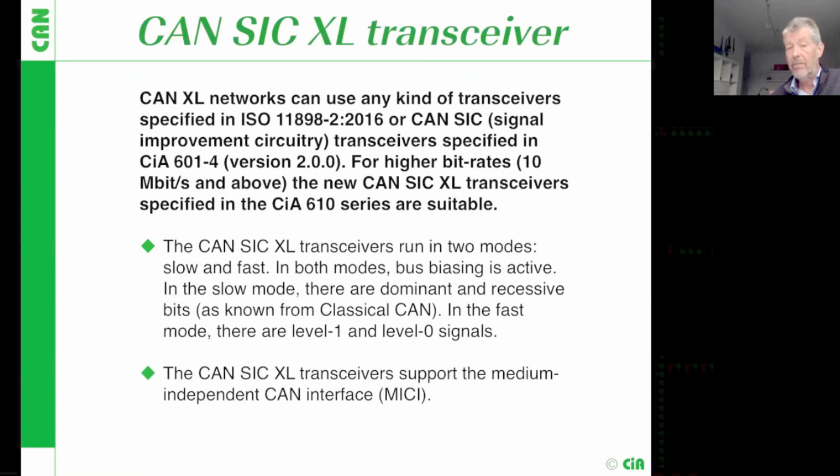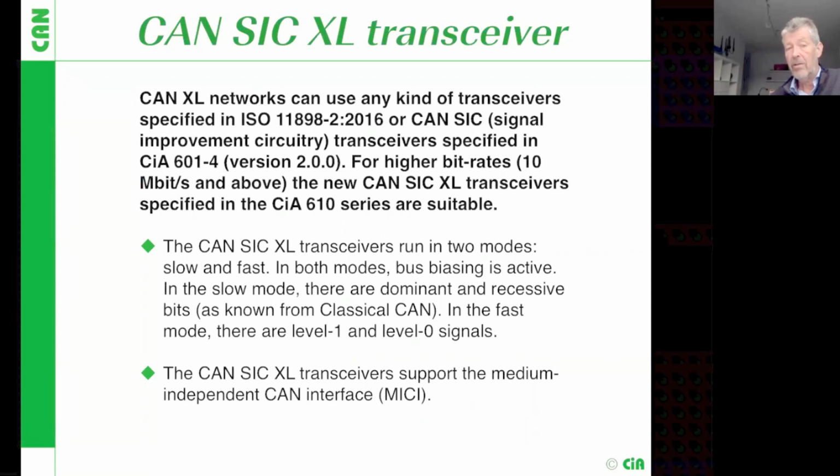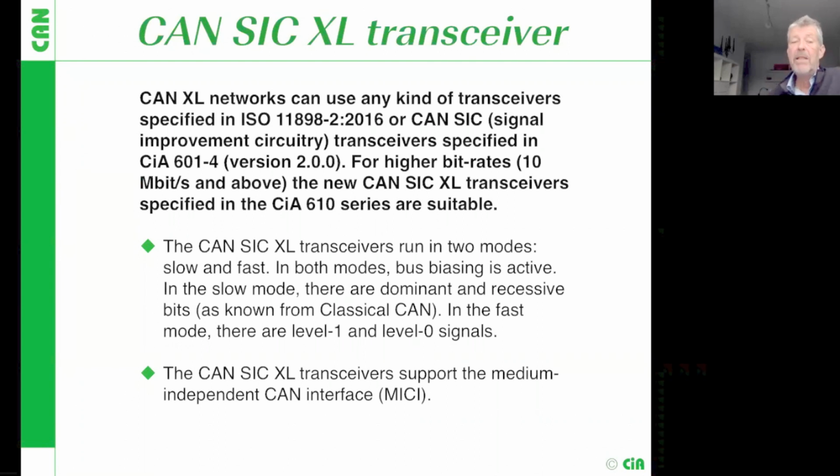However, using those transceivers would limit the maximum speed which can be achieved. For higher bit rates, let's say 10 megabits and above, the new CAN SIC XL transceivers should be used, and they are suitable for those bit rates, and they will be specified in the CiA 610 series.